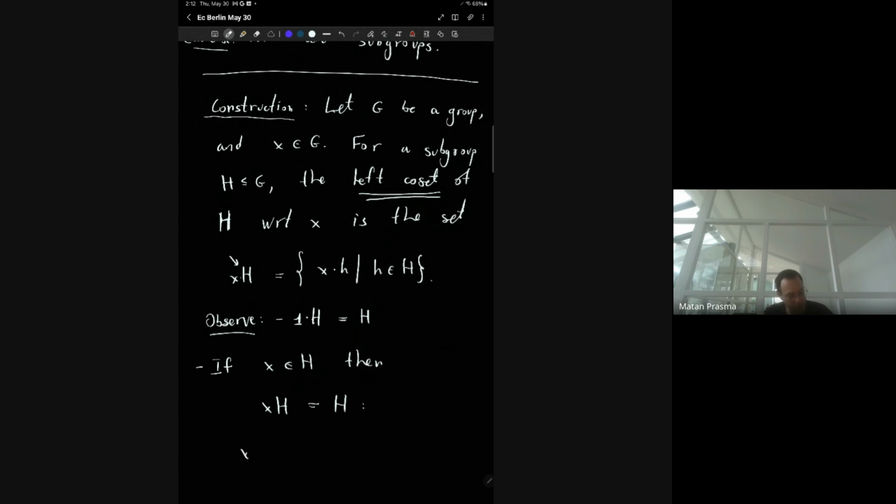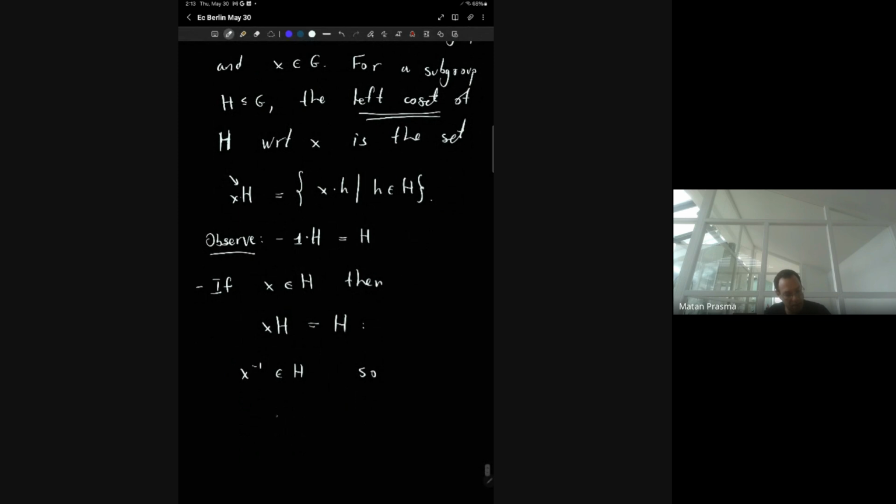You take XH. X has an inverse in H. If X is in H, then the inverse of X, X minus 1, has to be in H because H is a subgroup. So the neutral element 1, which can be written as X times X minus 1, has to be in XH.